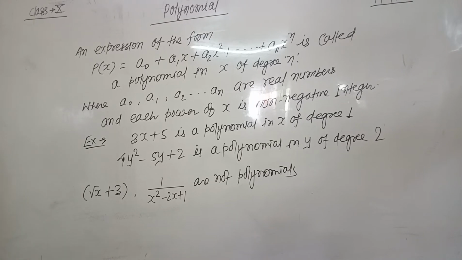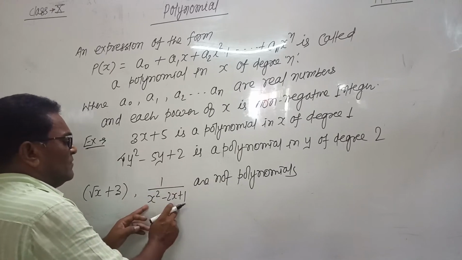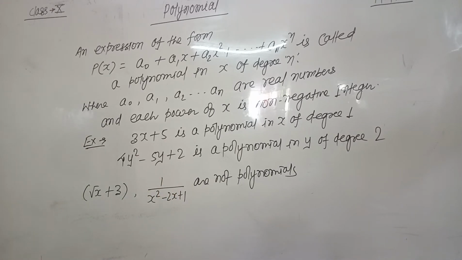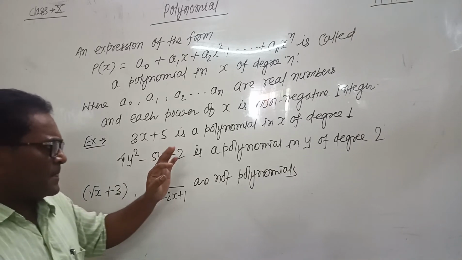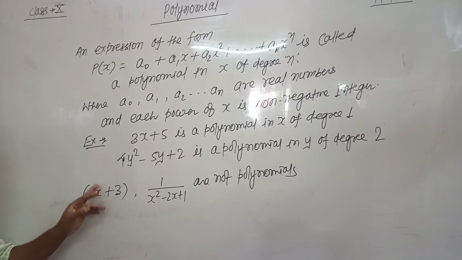And when x goes to the numerator, its power becomes negative. So the power of x should be non-negative integers only. Here the power of x is 1 by 2, which is not an integer. Therefore, these two are not polynomials.